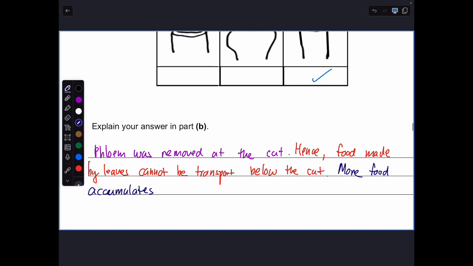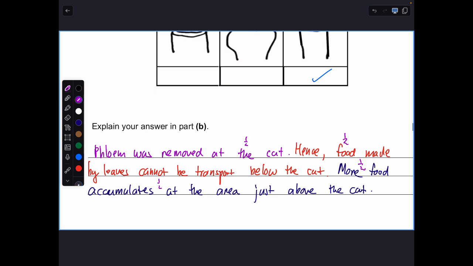At the area just above the cart. Okay? Done. Full stop. Where are my marking points? Half mark. More food, half mark. Accumulates where? Half mark.